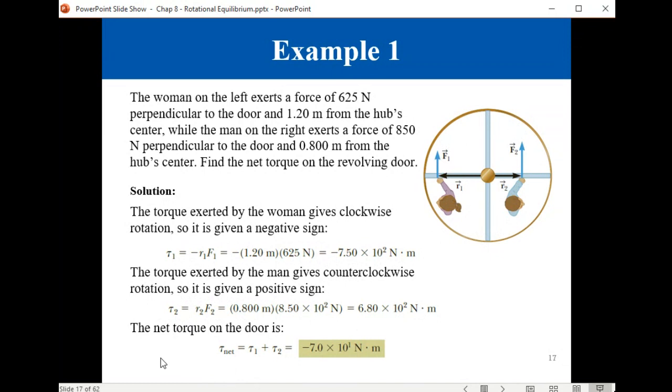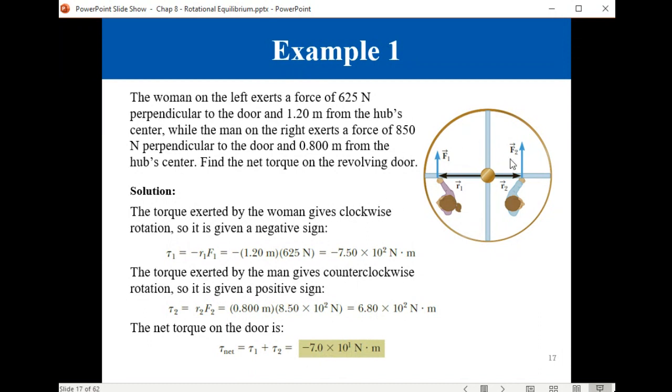For the net torque, we add tau 1 to tau 2, so you get the difference between 750 and 680. It is 70 newton meters, and it is negative.